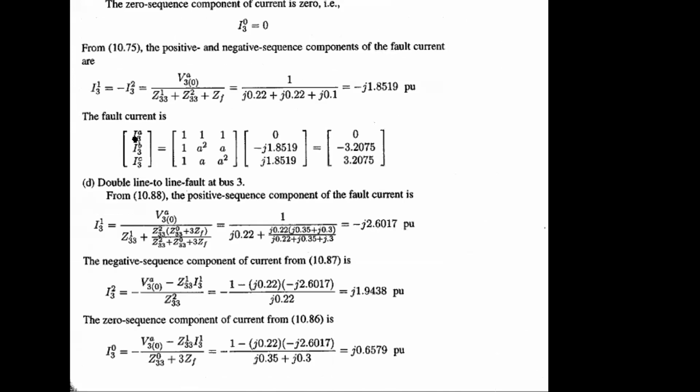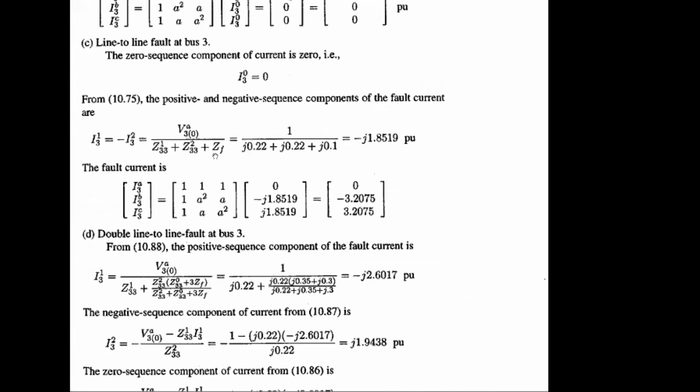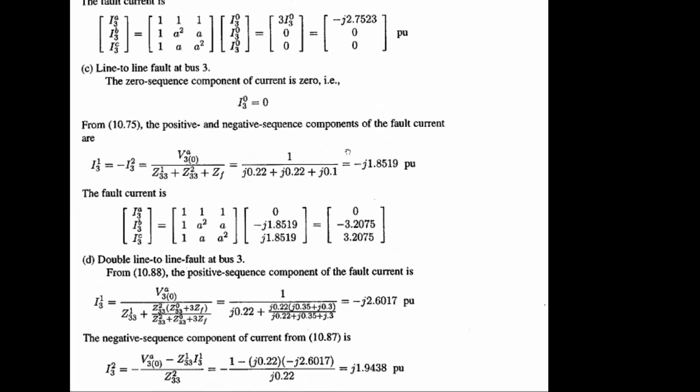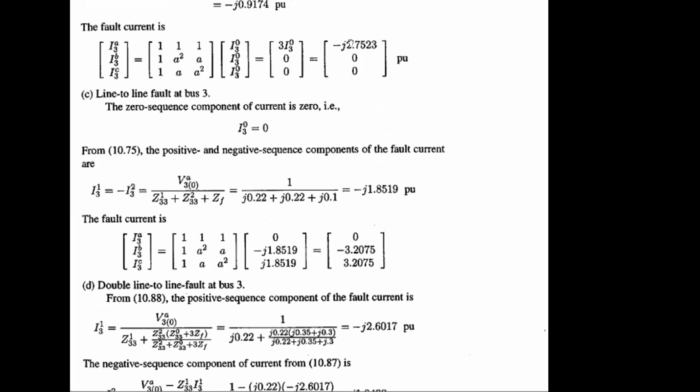You can check here for fault current for the line to line case. It is the same for both phases. I3B and I3C are there in terms of negative polarity. I3A will be 0 for the line to line. For single line to ground, you will have only phase A information, which is I3A; I3B and I3C will be 0.